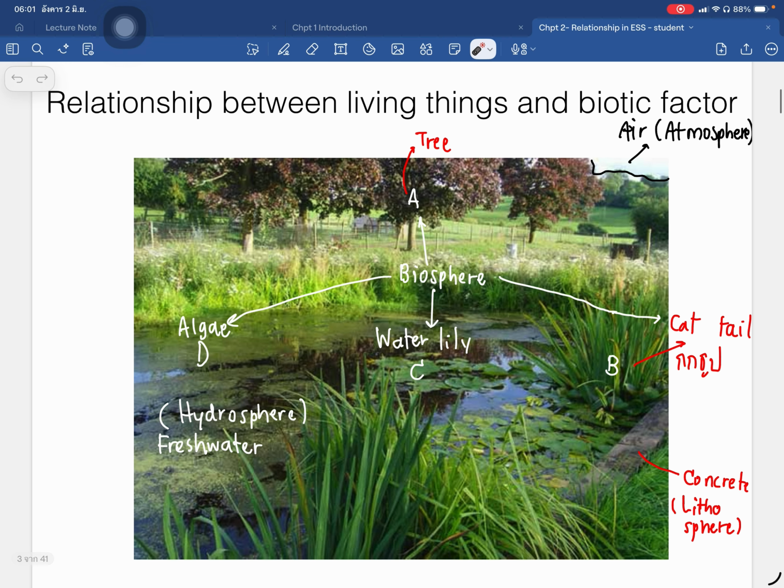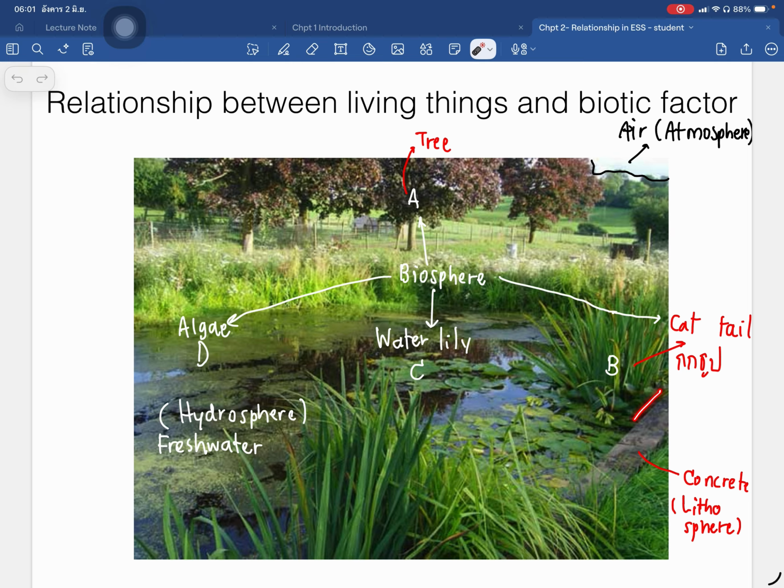For example, this diagram represents the countryside, a rural zone. So we have the sky around here, the open area. We have the big tree. We have the grass that grows very near to the water. We have the cattle. And we have the algae that grow inside the pond, even the water lily.